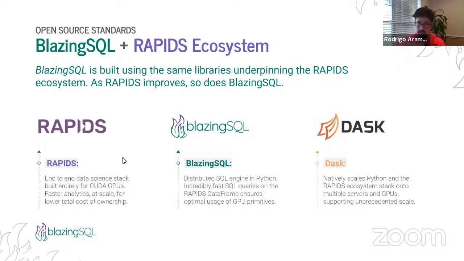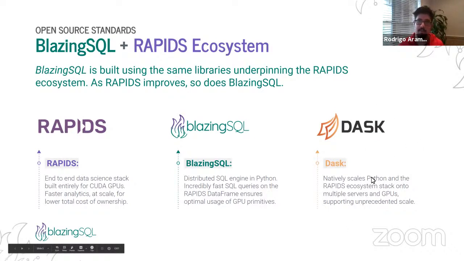And this is all part of a greater open source ecosystem. So if you're not familiar with Rapids, I really heavily suggest you check it out. Blazing SQL is the SQL engine of the Rapids ecosystem, which is dedicated to doing end-to-end data science on GPUs. And there's not just cuDF, which is the data frame manipulation, but there are more and more libraries for machine learning, deep learning, visualization, so on and so forth.